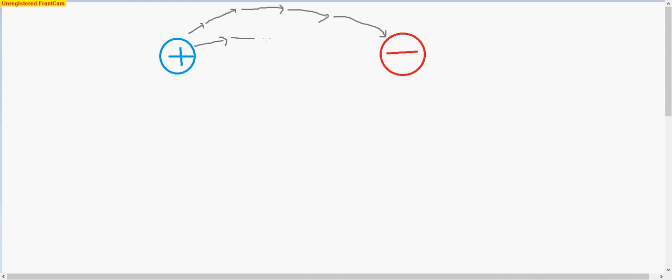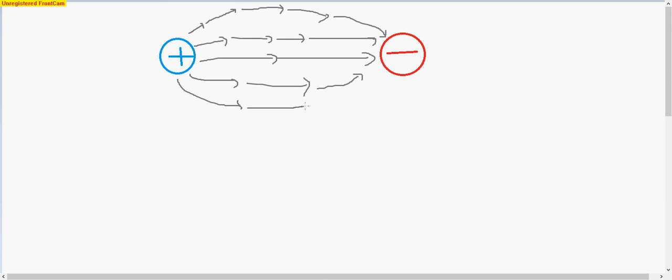A charge over here bends before, goes like this. So this is how electric field lines look. I mean, they're not actual, but they're arbitrary. This is how we imagine them. So that's all I have to say about electrostatics.